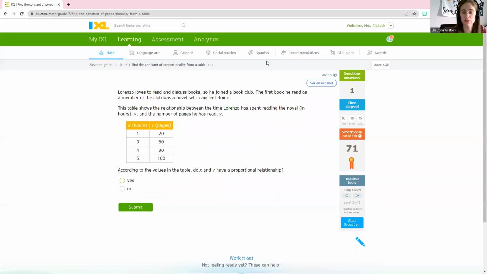So that formula to find our constant of proportionality is K. And remember, we take Y divided by X. So we need to see if they all have the same ratio, because that'll tell us whether it's proportional or not.